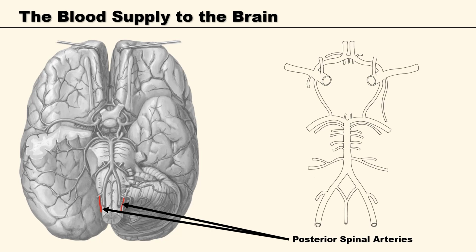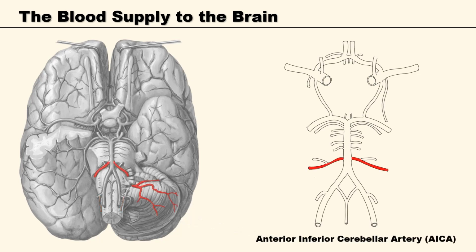Just after the vertebral arteries join to form the basilar artery, another set of arteries are given off. These are the AICA, or the anterior inferior cerebellar arteries. These supply the front inferior portion of the cerebellum, as we can see here. Just before the basilar terminates, we have a superior cerebellar artery.